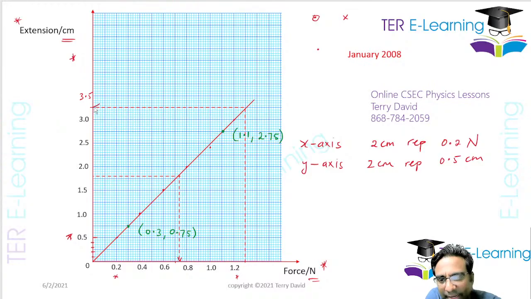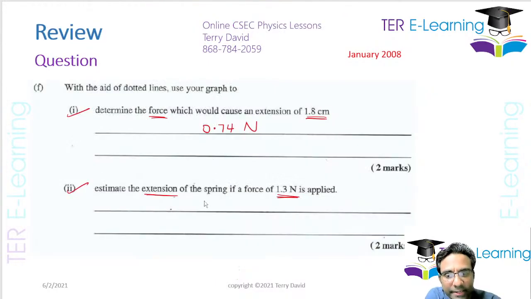So this reading here is going to be 3.25. So therefore, this here is going to be 3.25 centimeters. Notice again, 2 marks to do these things. You get the marks for drawing the lines on the diagram.